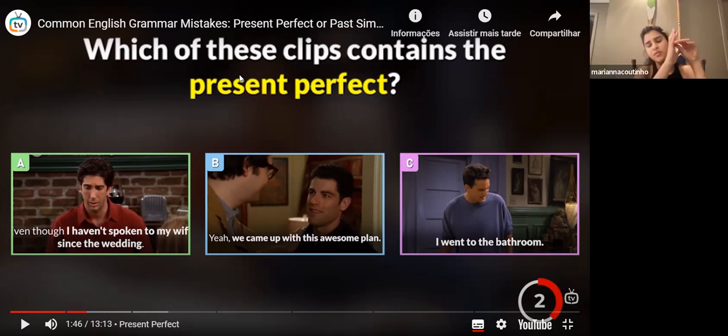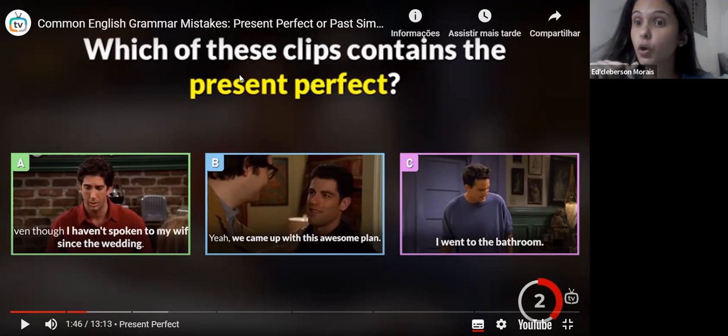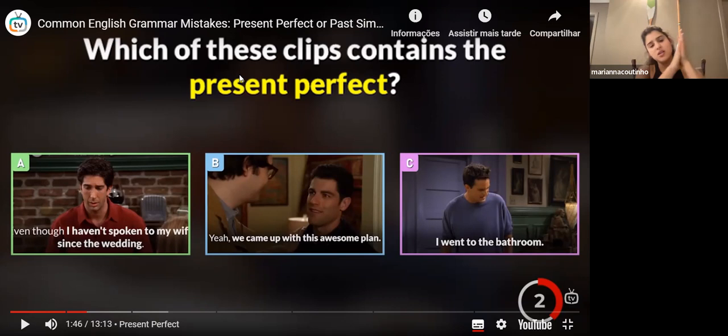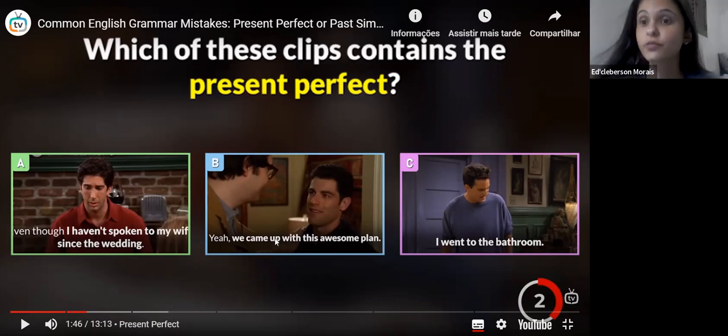I went to the bathroom. Went is the verb go in the simple past. So letter C is simple past. It's not the present perfect. Letter B, came up with. It's a phrasal verb. The verb here is came, and it's the simple past of the verb come.